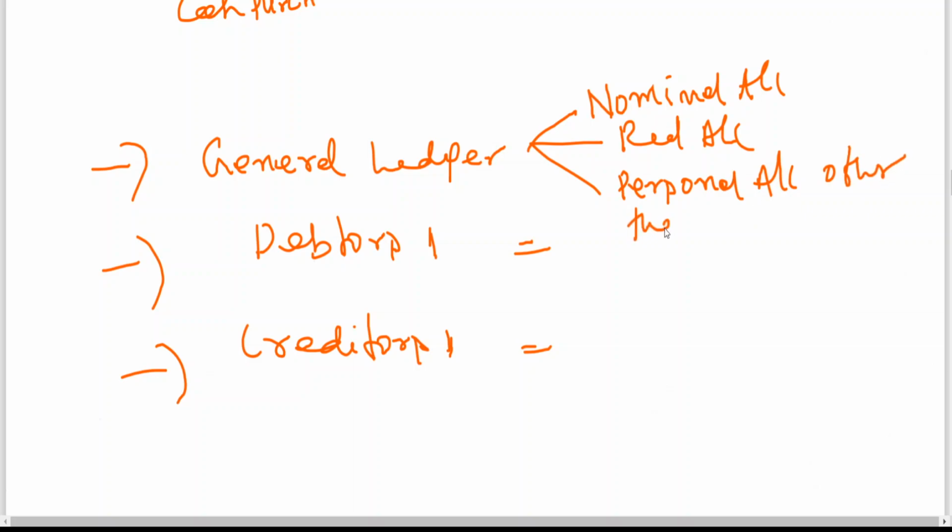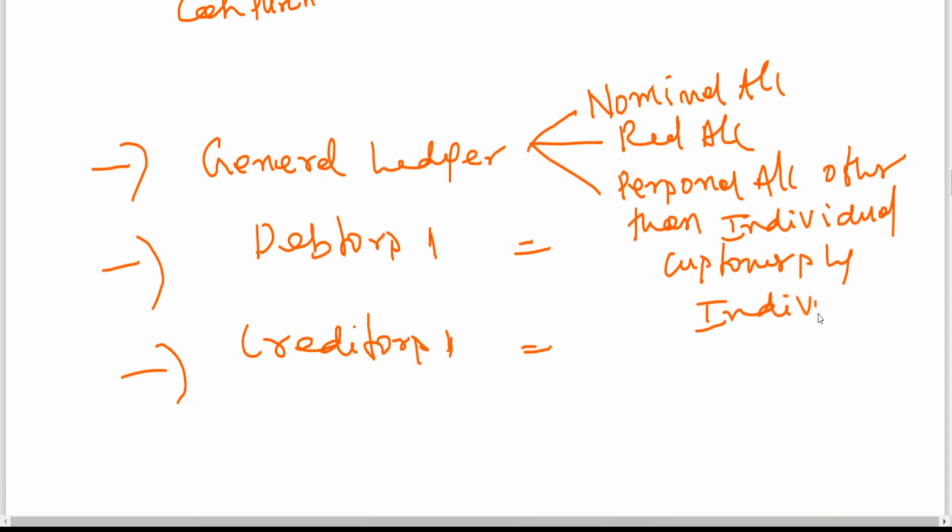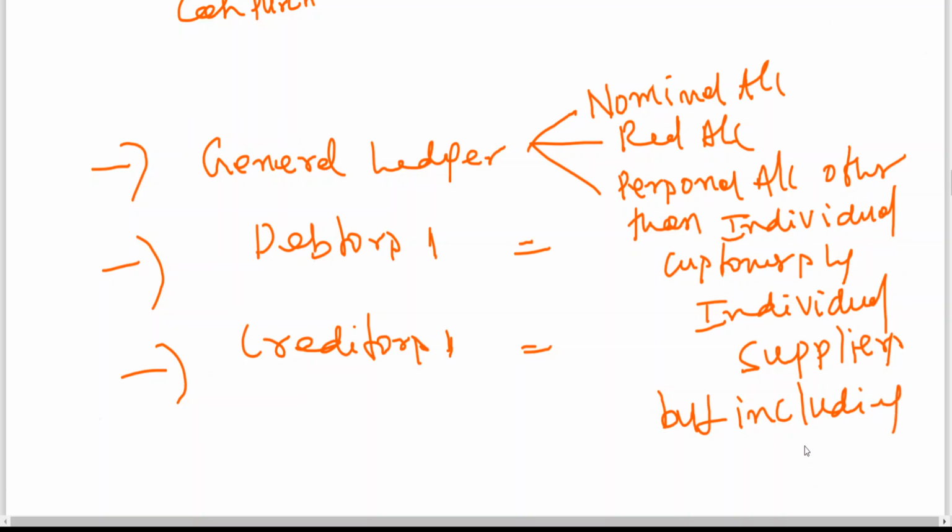other than individual customers and individual suppliers, but including debtors account and creditors account.